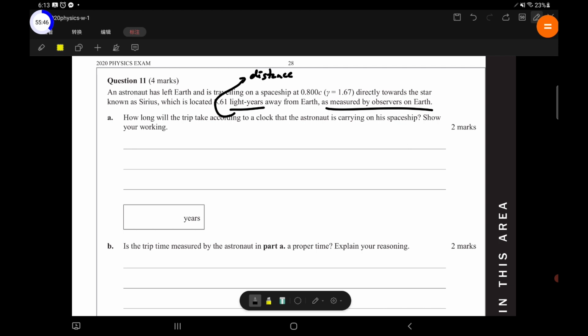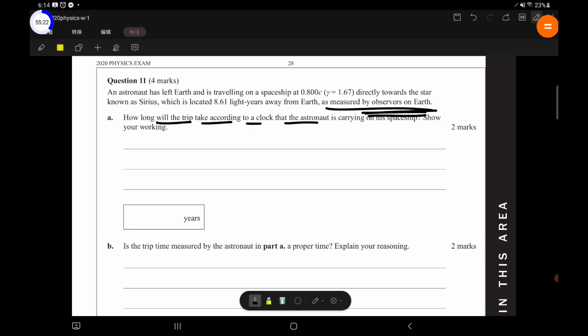So that 8.61 light years is a distance measured by the observers on the Earth. That's really, really important, because everything with special relativity is based on the idea that perspective matters. How long will the trip take according to the clock that the astronaut is carrying on his spaceship?